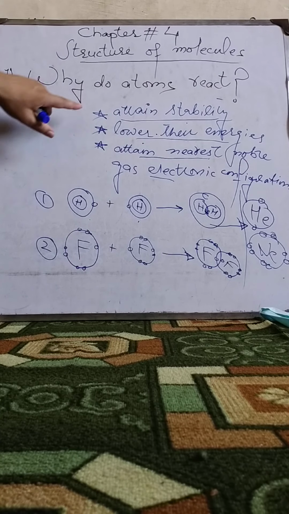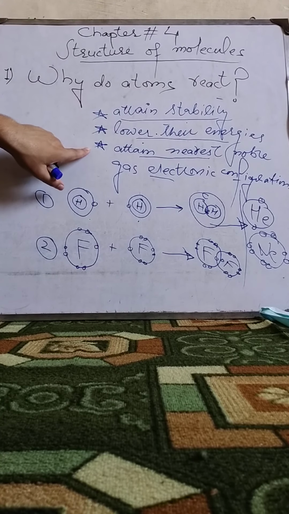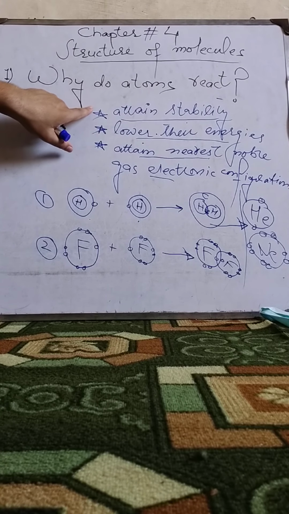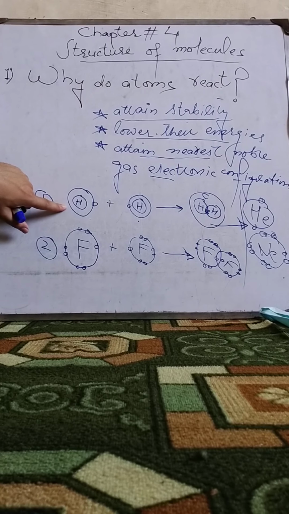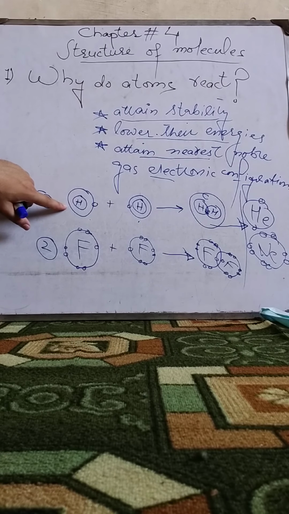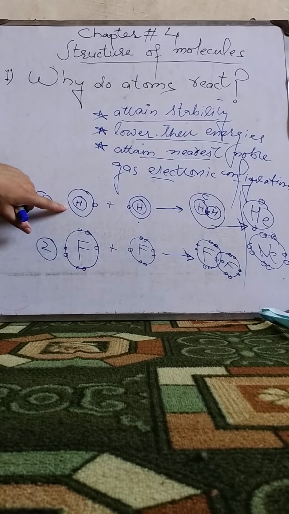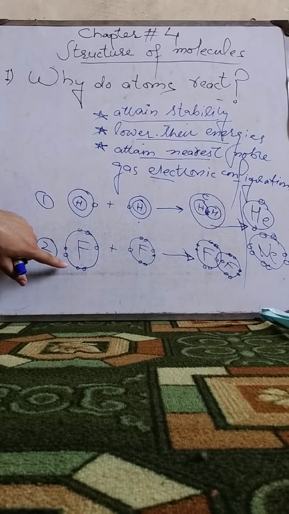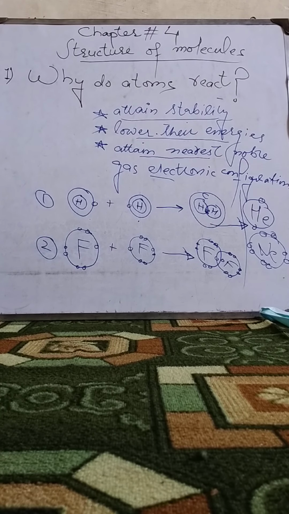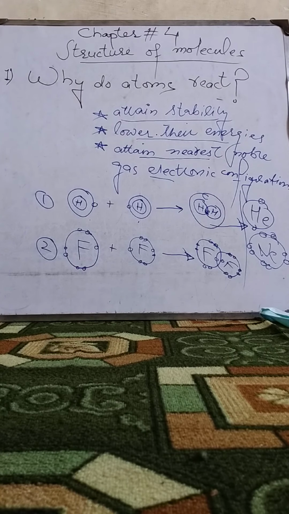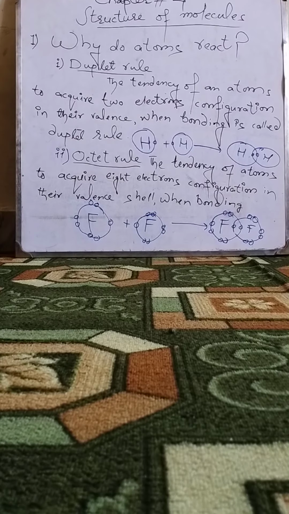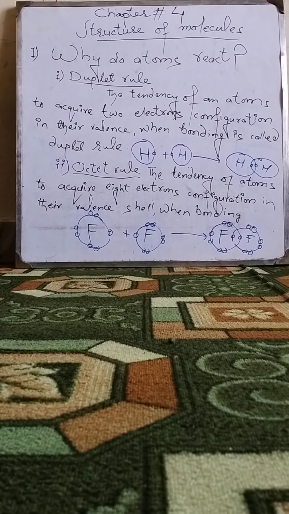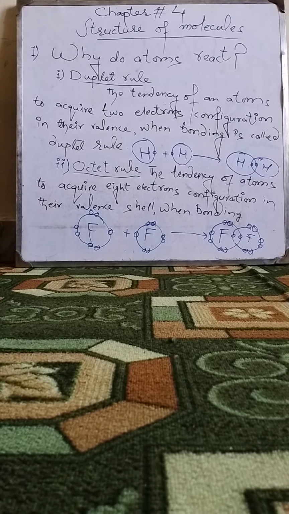So in order to obey all three points, atoms can either obey the duplet rule or the octet rule. Now what are these rules? We'll discuss them in detail.